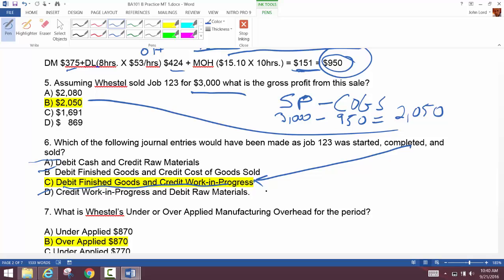You must have subtracted 160,000. And since we subtracted 160,000, that is the amount that went to finished goods, which by definition is my cost of goods manufactured. Right? Okay?